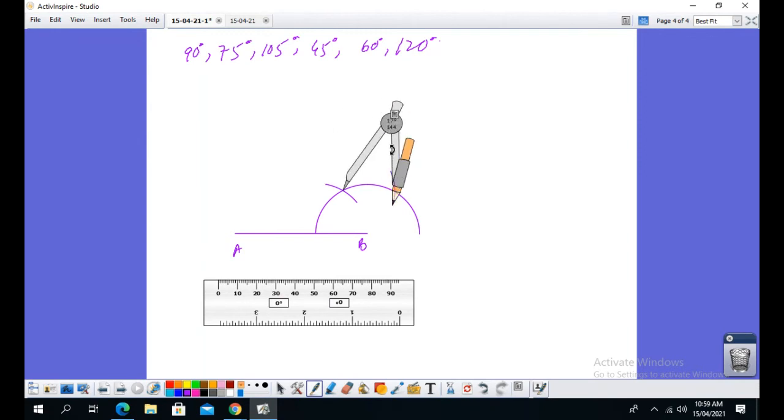Again we put the compass on 60 degree and draw another arc for 90 degree, and then we replace at 120 and draw an arc again.